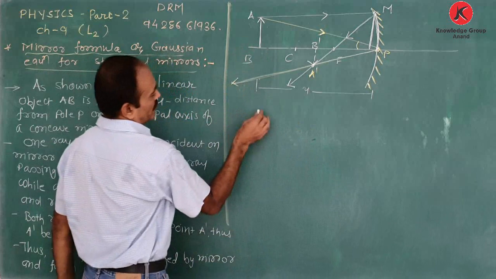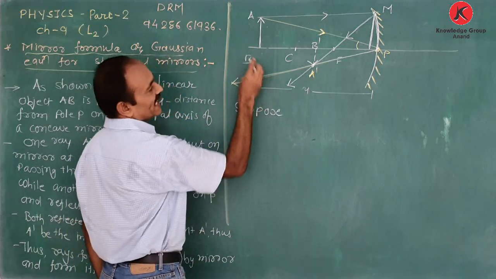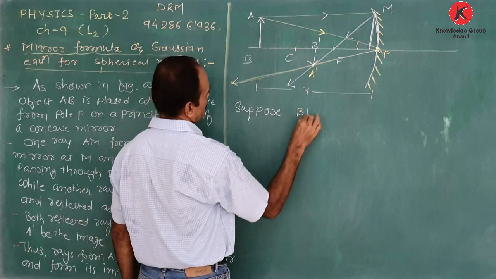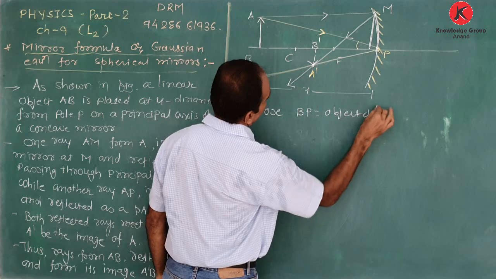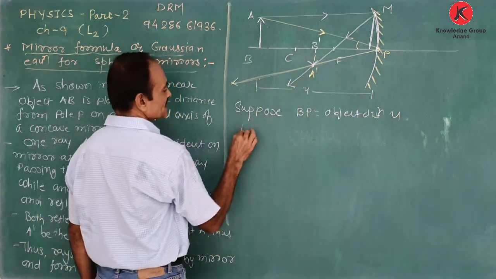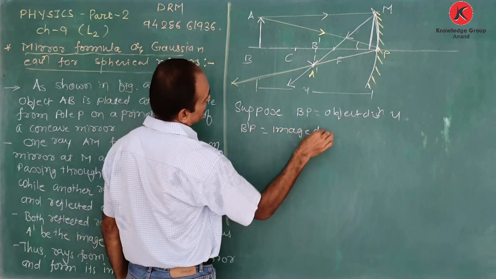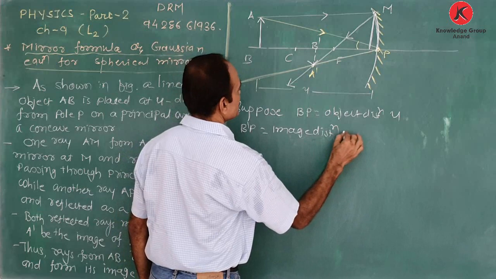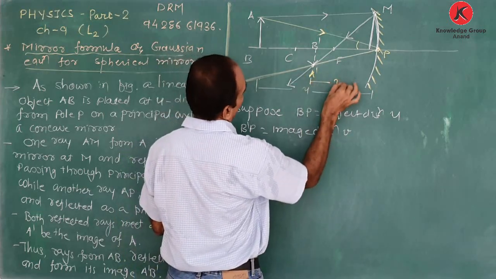Now, from the figure, we assume that the object distance BP is equal to the object distance, denoted as small u. Now, B dash P is equal to the image distance, that is denoted by small v.